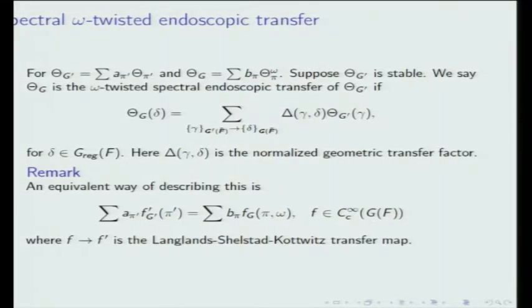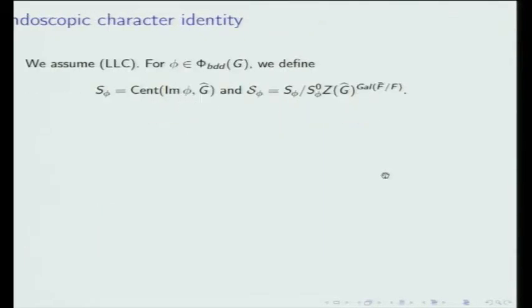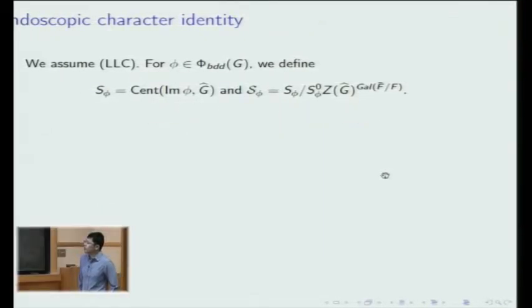And for that, we have to assume the local Langlands, or at least we need to know something about the packets on G and G prime. So if we assume local Langlands, and this time we take a parameter which is bounded, and by the local Langlands correspondence, they should correspond to a tempered representation, but that's a technical issue.